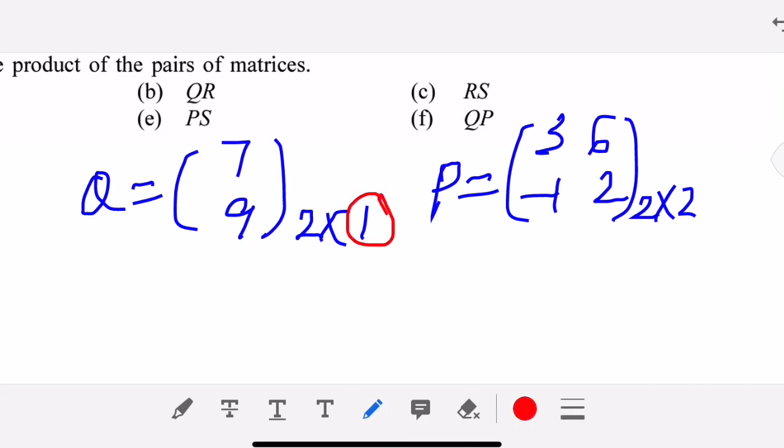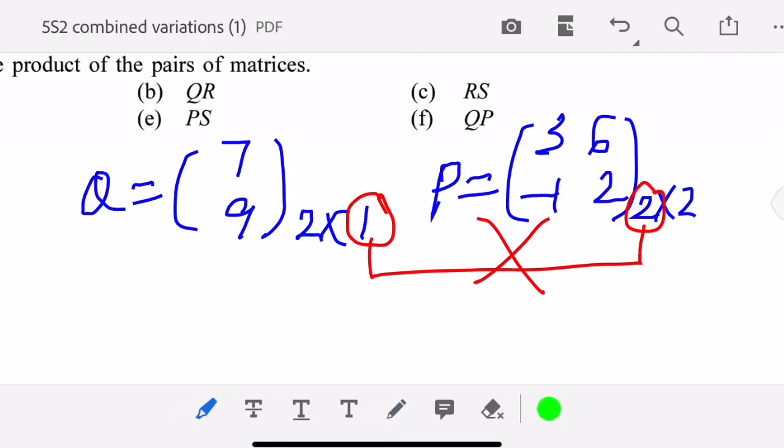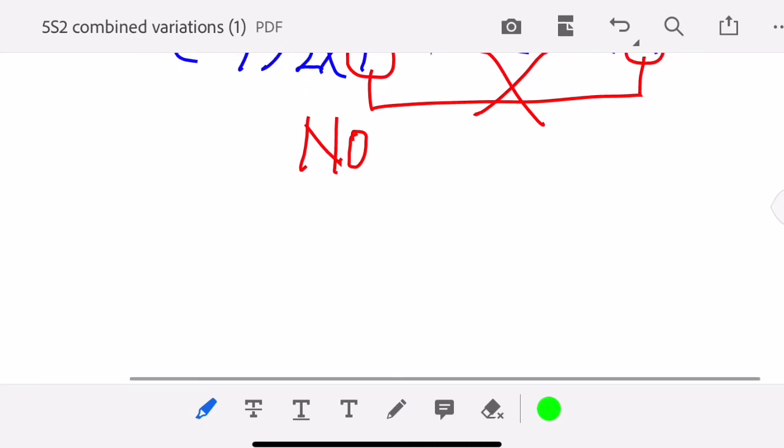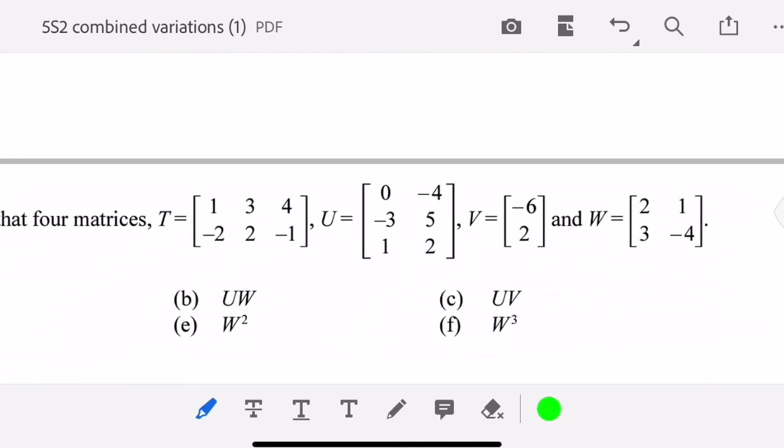The number of columns is 1 and the number of rows here is 2. They are not equal, so it's not able to multiply. So the answer is no, multiplication cannot be performed. Alright, so we don't have to write the product.